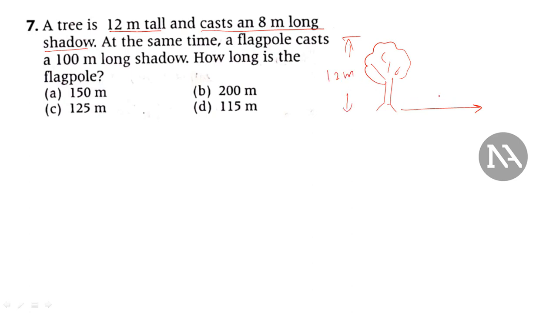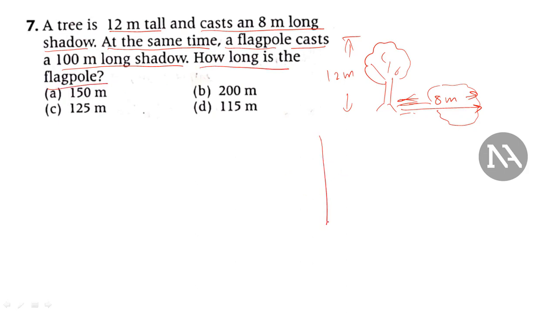Its shadow is 8 meters long. If you see, the shadow of the tree will be like this. At the same time, a flagpole casts a 100 meter long shadow. Then how tall is the flagpole?